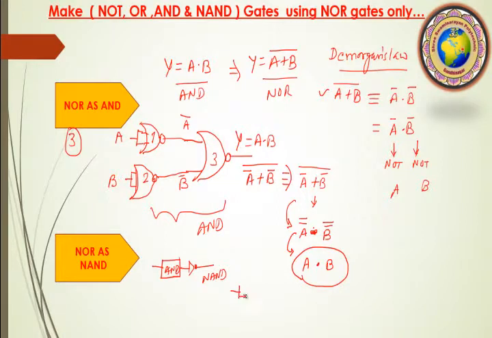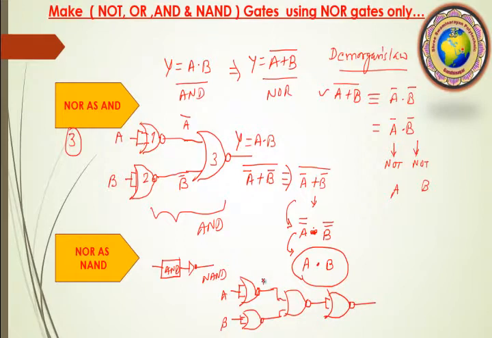So we just add one more gate after the output. This is our one gate, this is our second NOR gate. So A and B, and these two together, one I am using as the NOR gate, and this will be inverted by using a NOT gate.